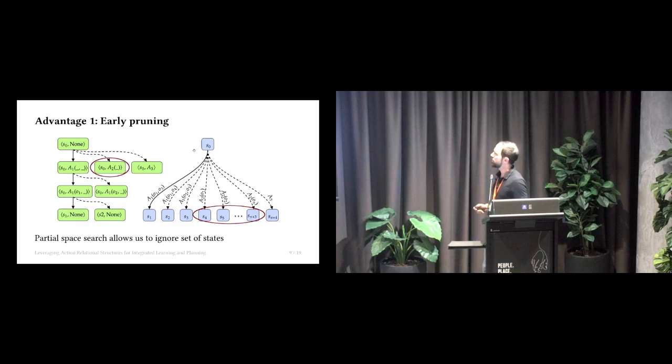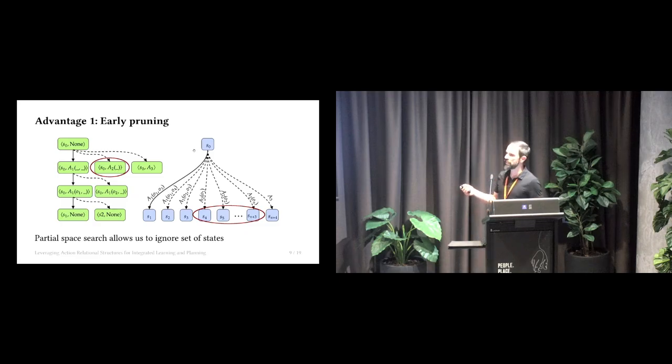So for instance here, if I can predict that this action schema for all the objects, in this case, let's suppose there are n objects, is a bad action, then instead of having to instantiate these n states, go there and query the heuristic n times, I can just query once and prune it all there, right? So that's actually already a win for machine learning. These machine learning-based heuristics tend to be more expensive than classical heuristics. So just avoiding having to evaluate all of this is already a win for the machine learning heuristics, okay?